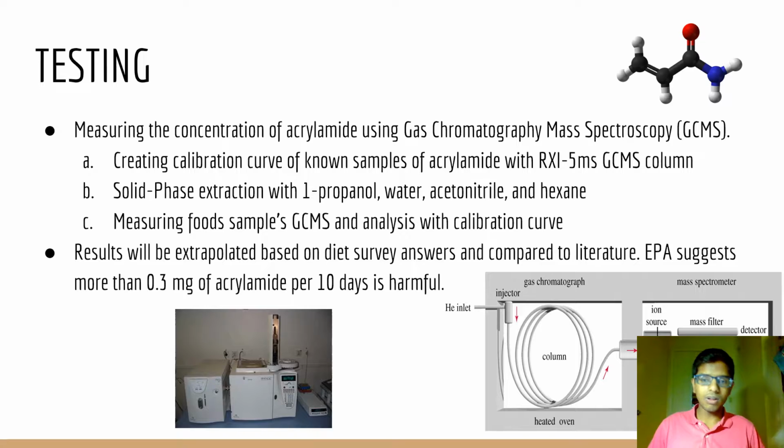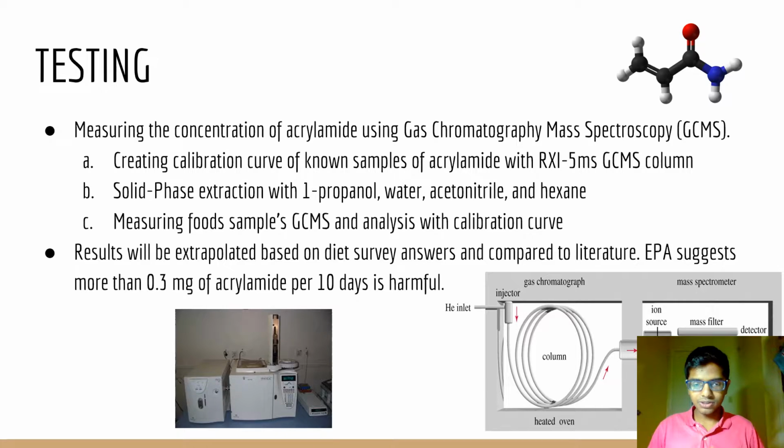Next, all the sample goes to an ion source in the mass spectrometer, which uses large magnetic fields to break all the molecules and detect at a detector that detects various amounts of molecules. So the acrylamide will break around all the double bonds, as you can see in the structure on the top right, giving us various factors that we can definitely analyze using gas chromatography.